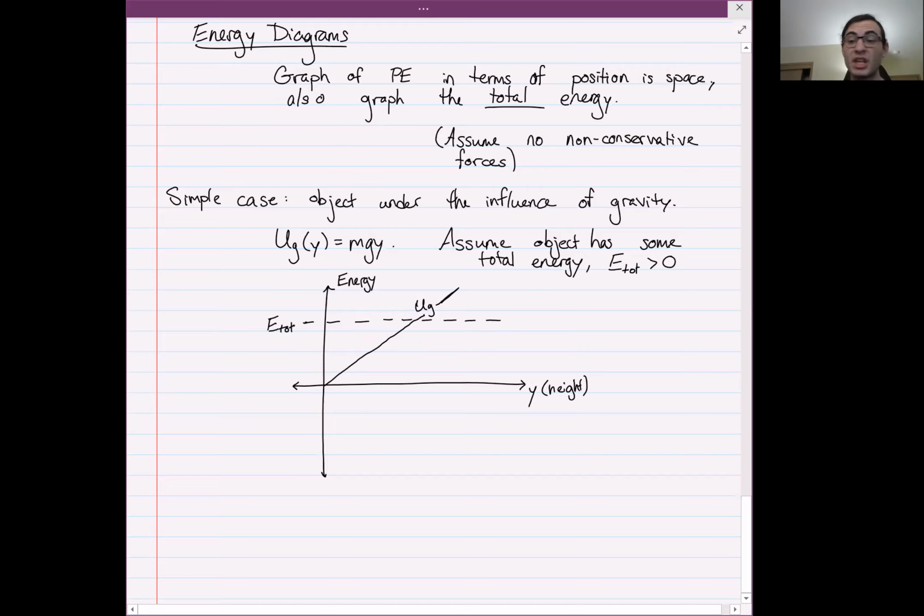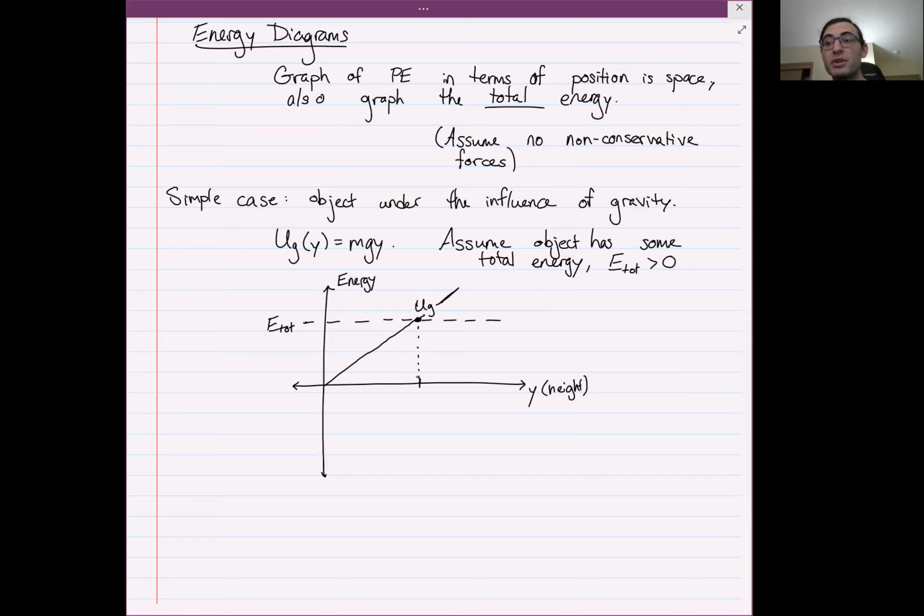So first of all, there's a special point here where the two lines cross. Now, what would that mean? It would mean that at this position, the total energy is equal to the potential energy. But the total energy is equal to the kinetic energy plus the potential energy, right?